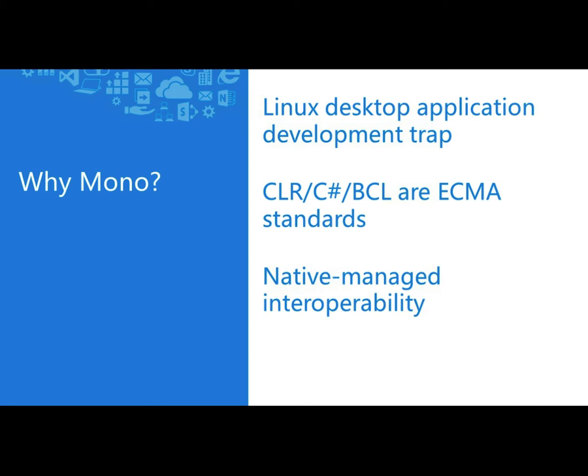So if you have some data structure on the native side, it would be much easier to consume it on the managed side. So that gives Mono the possibility to enable much better desktop applications. And we see examples in the future like Banshee, like Tomboy.